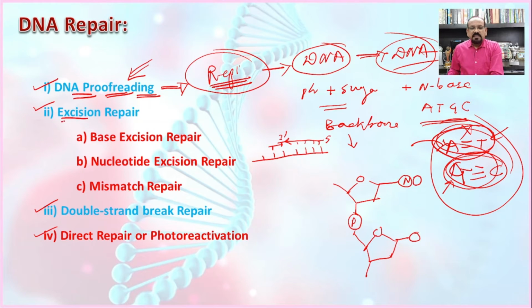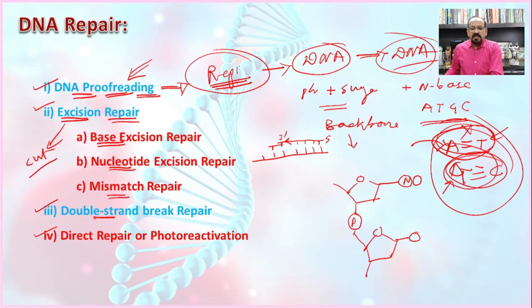In some cases, there is excision repair. Excision means to cut and remove. There is excision of the base, excision of the nucleotide, and even mismatched pairs or bases are removed.